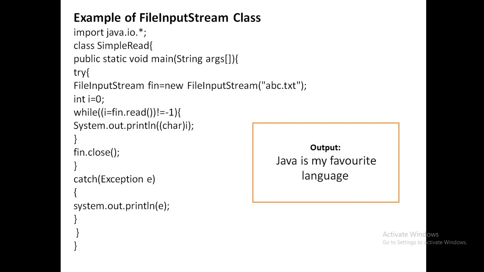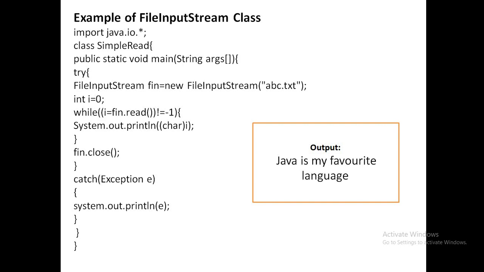So here, for the file input stream class, an object fn is being used, and with that we are going to get content from the file abc. Here we have a while loop which is going to check whether the integer value i, which is assigned with the method read, is not equal to -1.